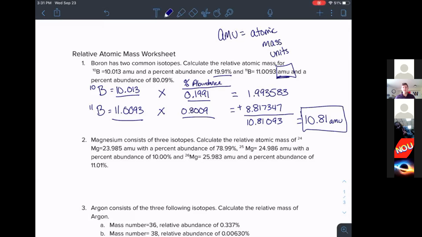But the hint I want to make sure you think about is these have to add up to 100% right here. Those percent abundances add up to 100%. If we look at this number right here, our average, remember that the average has to be in between your two values. So it can't be larger than your largest value, can't be smaller than your smallest value.